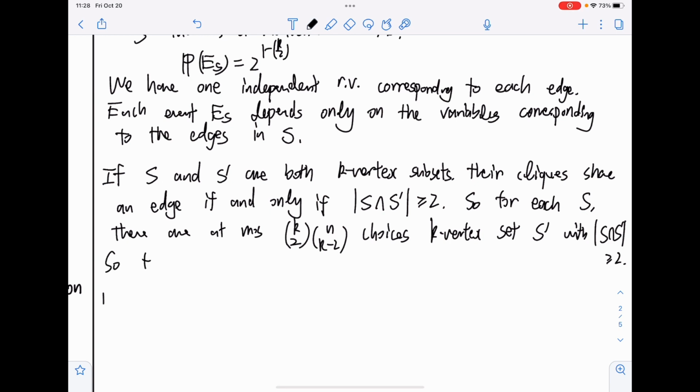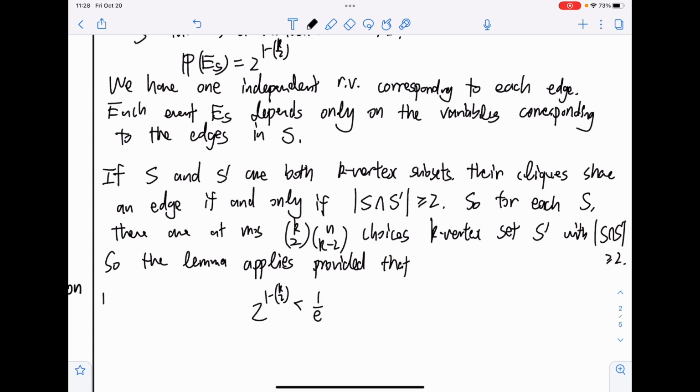So the lemma applies, provided that 2 to the power of 1 minus k choose 2 is less than 1 over e times 1 over (k choose 2 times (n choose k minus 2) plus 1).